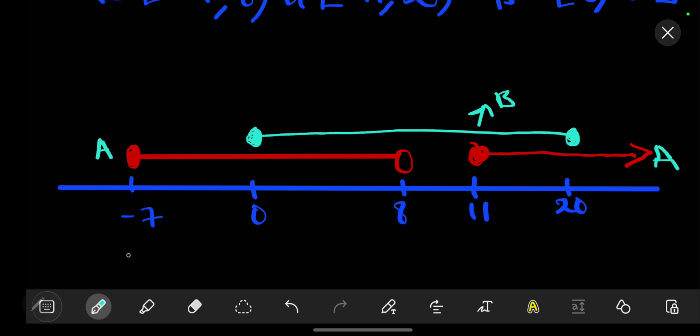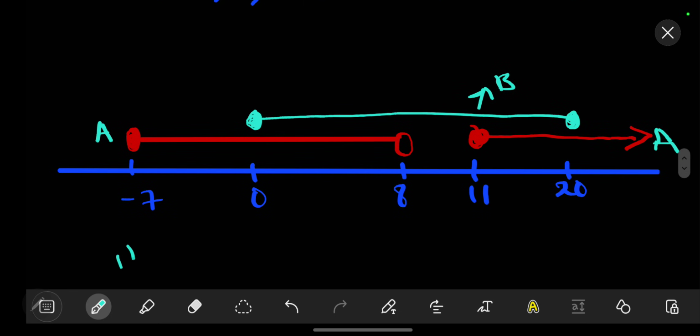So the first thing is that, according to the question, we need to find what our A complement is. So our A complement means it is beginning at -7, since A is starting at -7. Since -7 is included in A, it should not be included in the A complement, then it will go to this side.